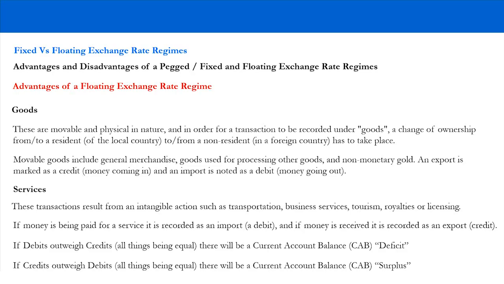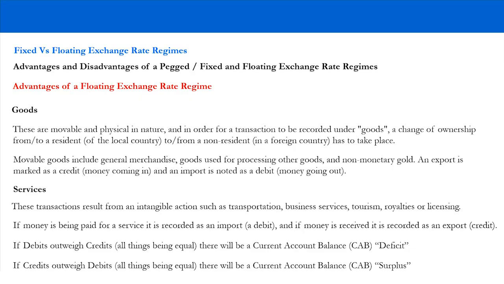And if debits outweigh credits, so imports outweigh exports, there's going to be a deficit of payments. And vice versa. If credits outweigh debits, there will be a current account balance surplus.